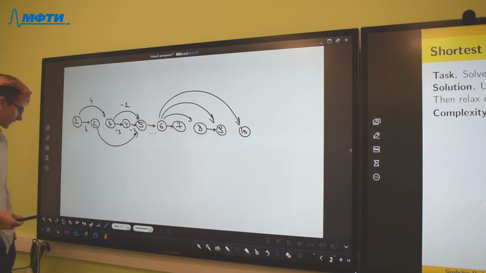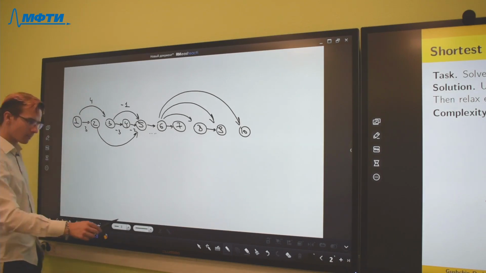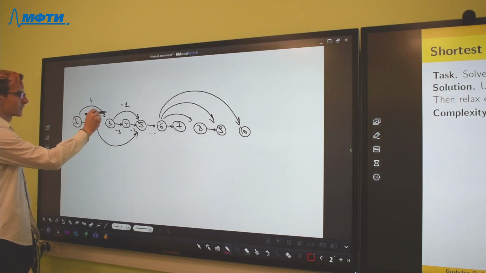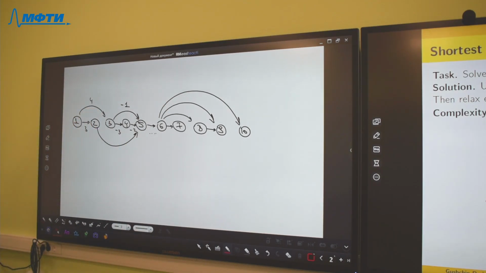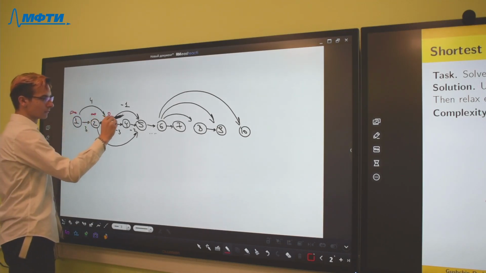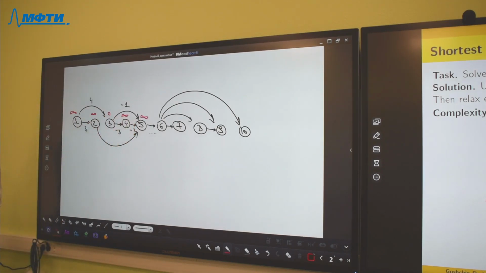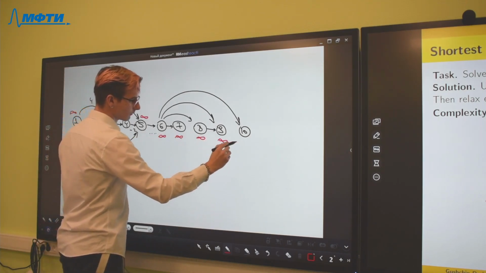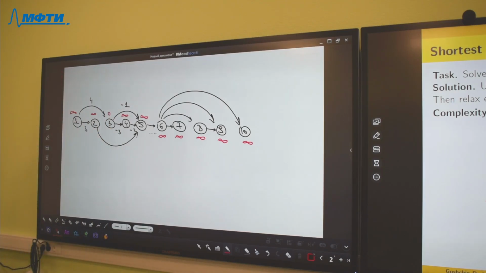We know that initially the distance is equal to 0 for the source and infinite to the other vertices. It is a part of the algorithm. Then, when we relax some edges, we get new distances from the source to the other vertices.